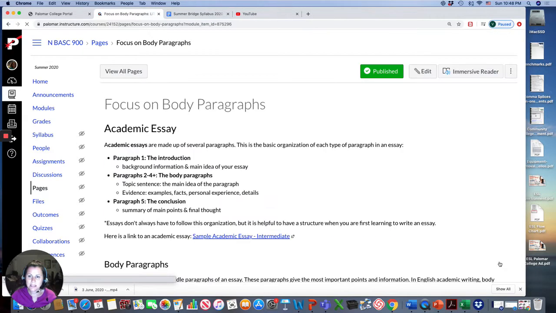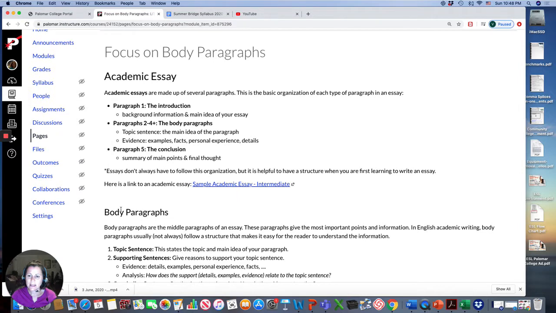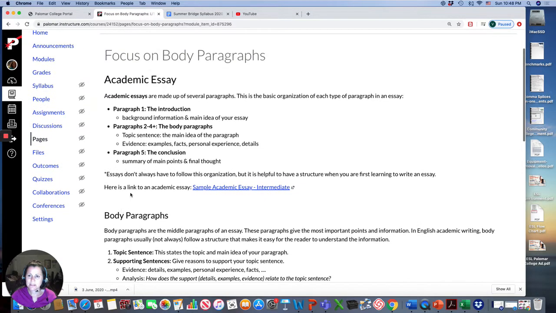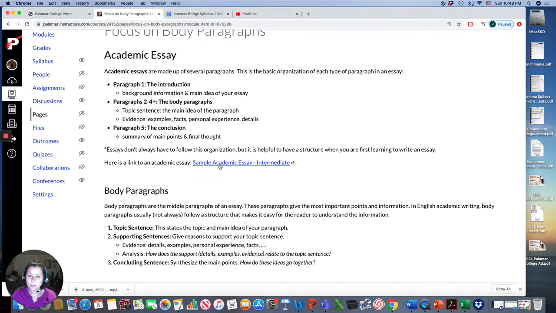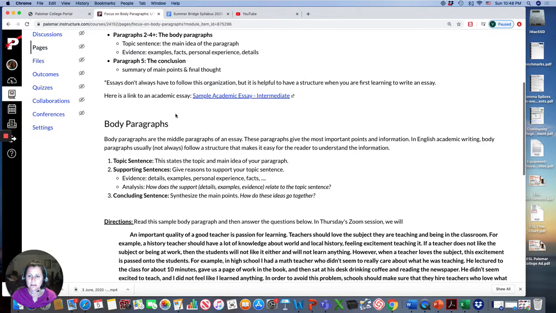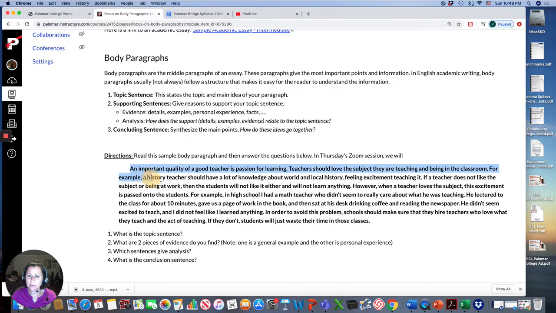For Tuesday, I'd like you to learn about academic essays and body paragraphs. So please read about the academic essay. If you want, you can read the sample academic essay. We'll actually go in depth next week about a full essay, but it's there for you if you want to read it. But make sure you read this sample body paragraph.